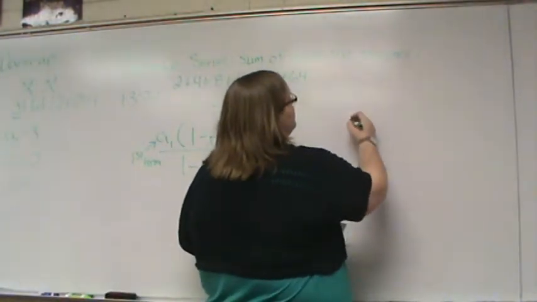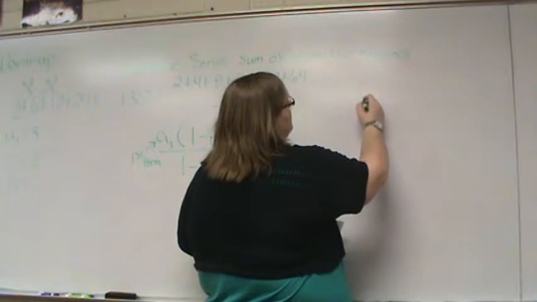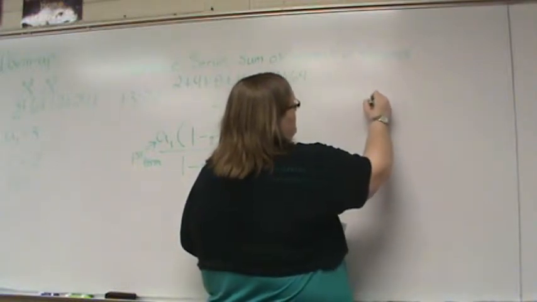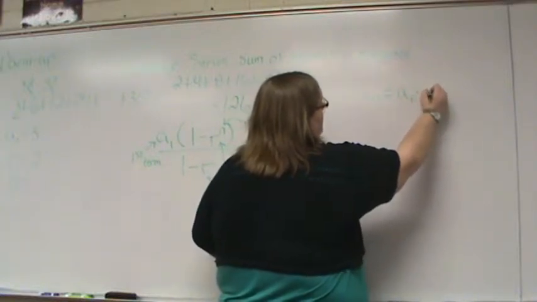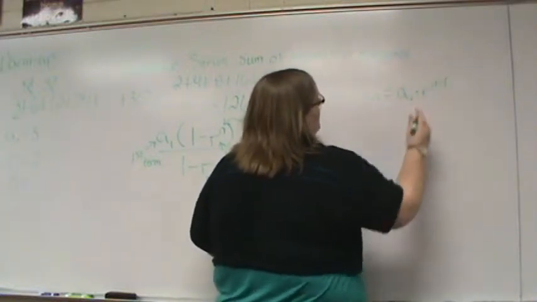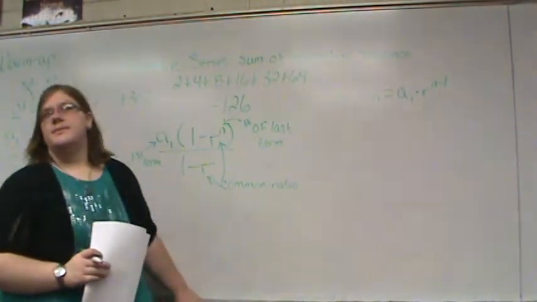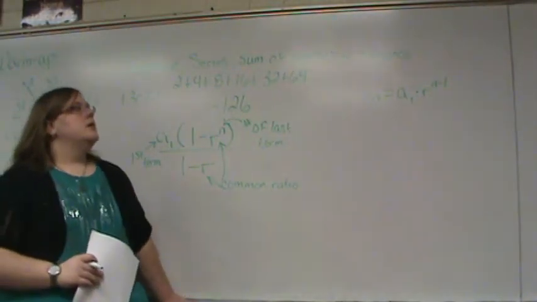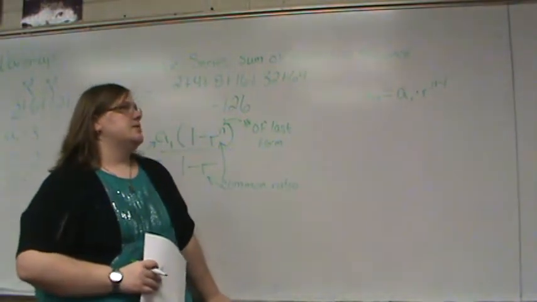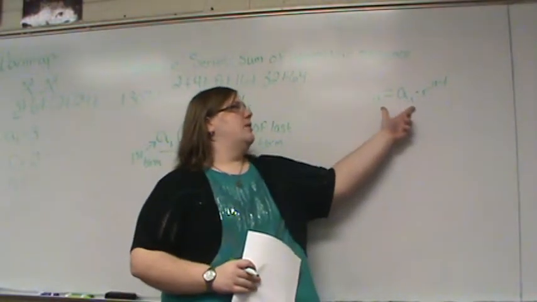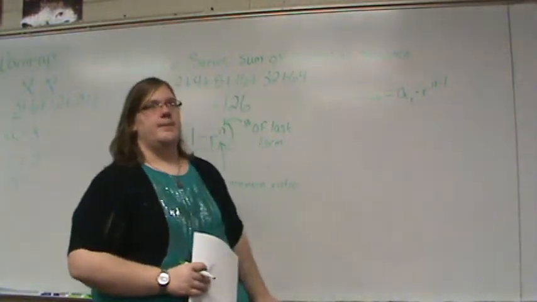What was our explicit formula again for geometric sequences? A1 times R to the N minus 1. So our explicit formula for a geometric sequence was AN equals A1 times R to the N minus 1.